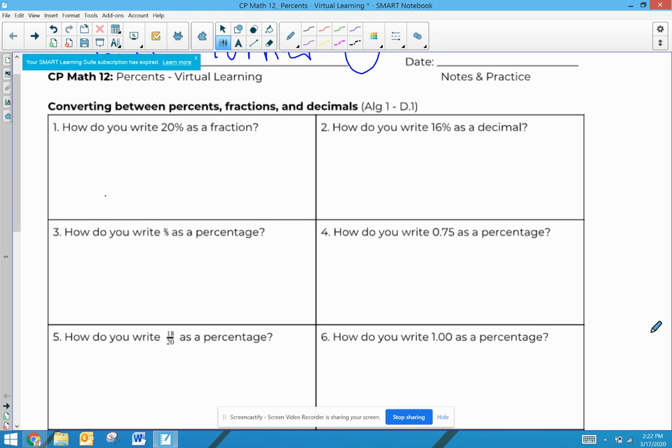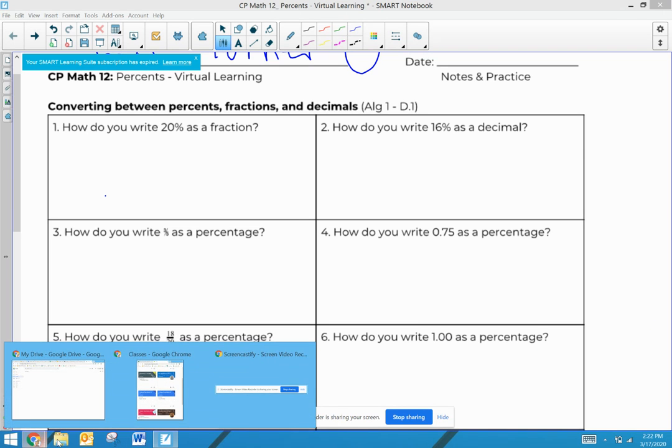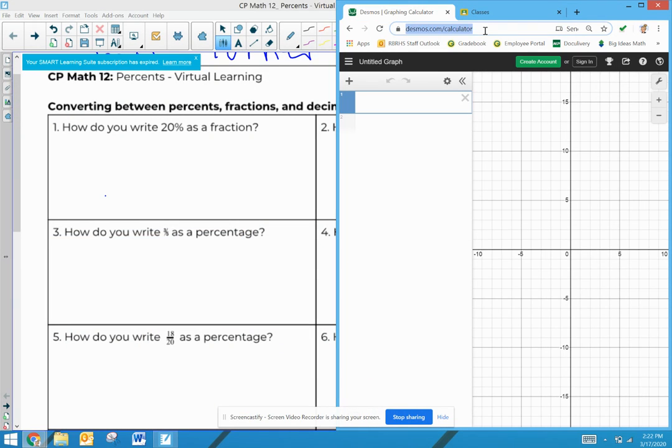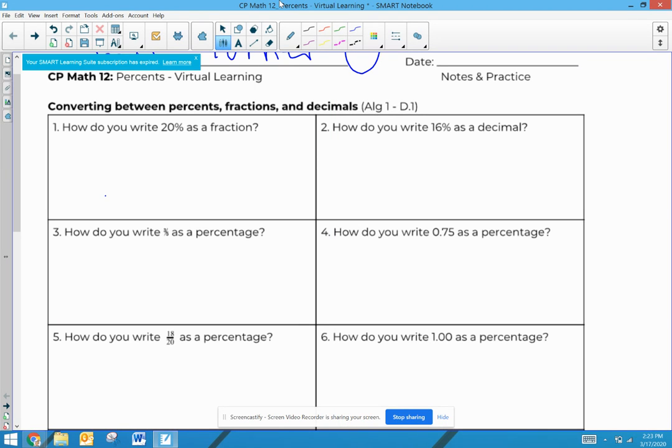So you should have this up if you choose. You can go to Desmos for a calculator and use that, just desmos.com, and then it'll prompt you to go to the calculator, and we can use this together. Okay, now that hopefully we have the stylus under control, here we go.